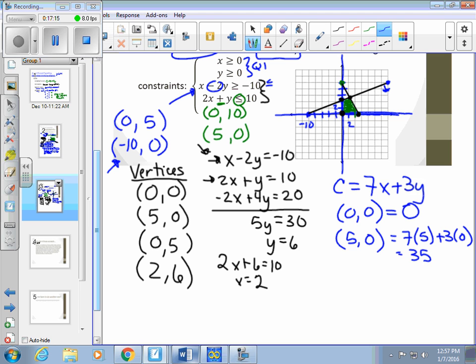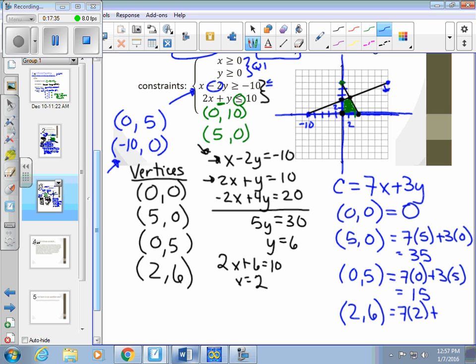When we plug in 0, 5, I get 7 times 0 plus 3 times 5, which gets us to 15. And the last one we need to check was our ordered pair 2, 6 at the intersection point. Plugging in the 2 for x, I get 7 times 2 plus 3 times 6, which gets us to 14 plus 18, which is 32.